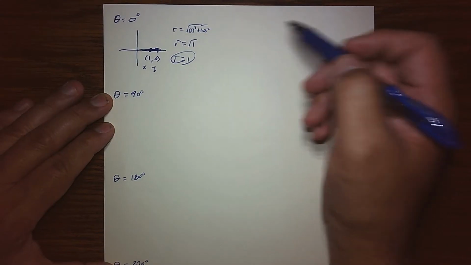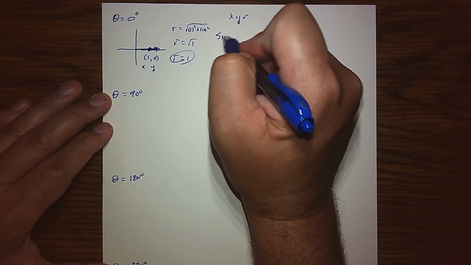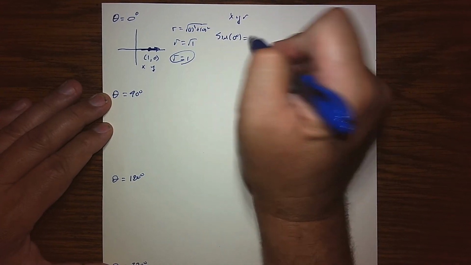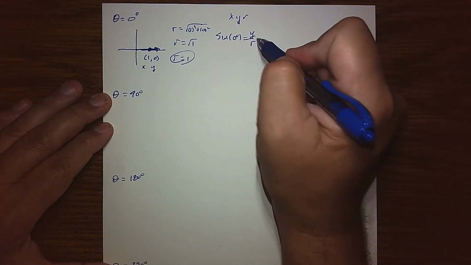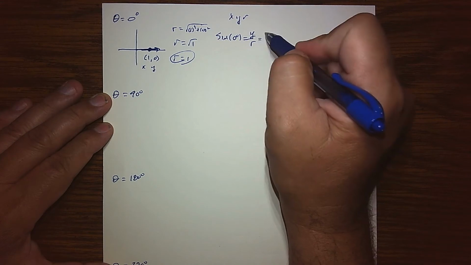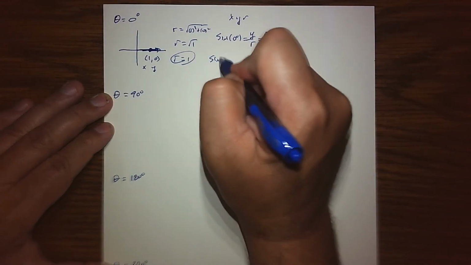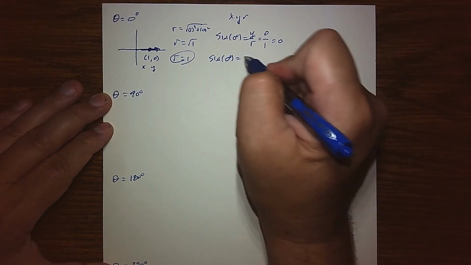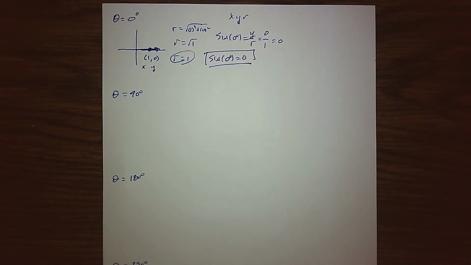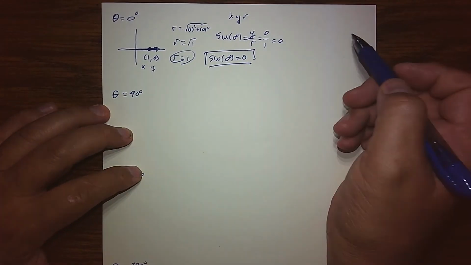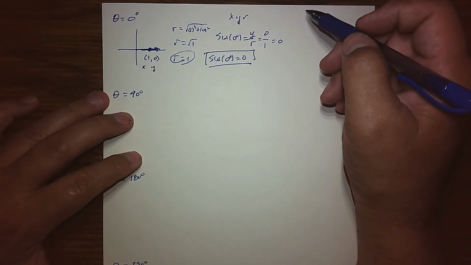Now that we know those three values, we can go to our x, y, r definitions. So what is sine of 0 degrees? By definition, it's the y coordinate over the r coordinate. Y is 0, r is 1, and so we end up with 0. So the sine of 0 degrees is equal to 0. We now actually have a known input with a known ratio. If you put 0 into sine, your output is 0.